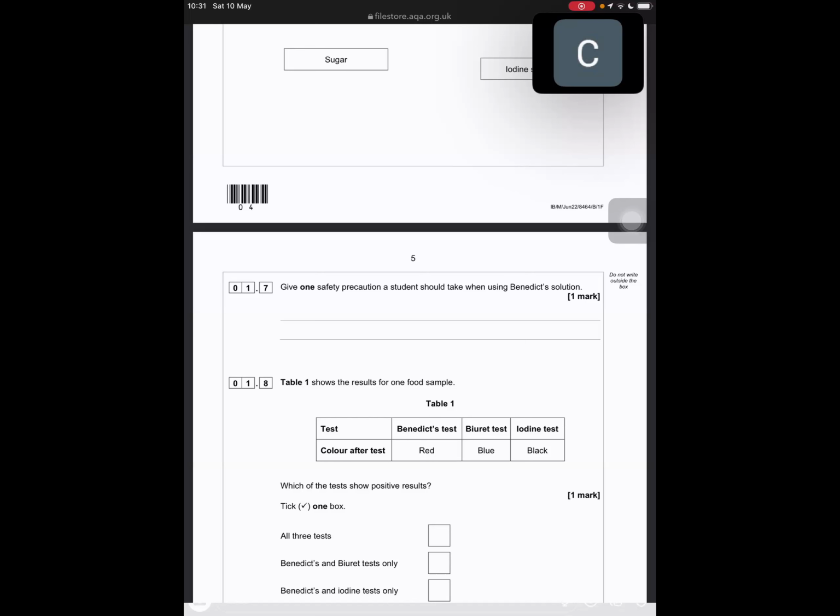Maybe we should talk about what happens when one is using Benedict solution. The basic thing is the skin.